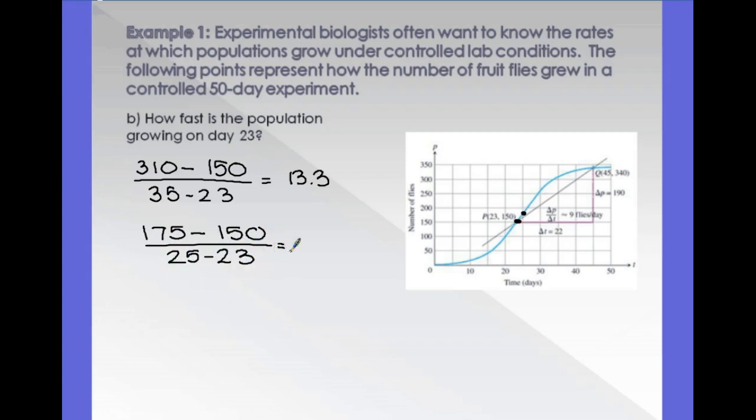Now I'm only 2 days away. 175 minus 150 is 25 over 2 days, so 12.5. Did we nail the slope of the line? I think so. It looks pretty good, right on top of the blue between those 2 points. So our prediction going 2 days later is 12.5.